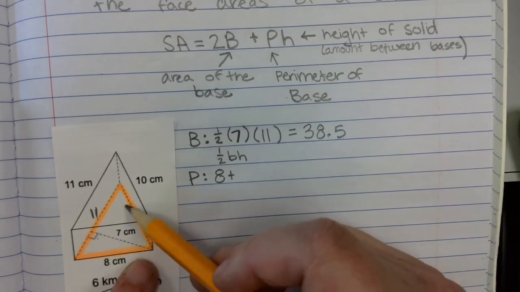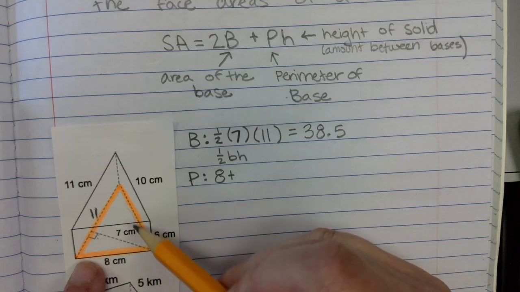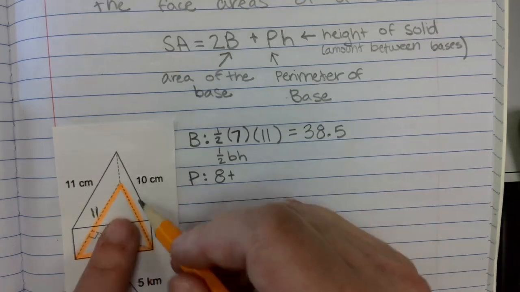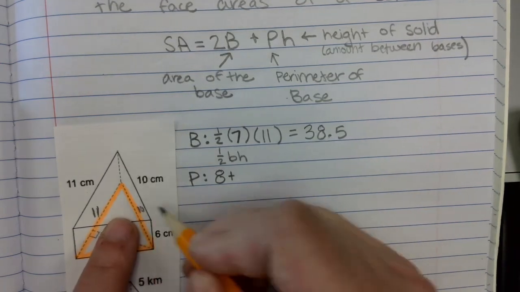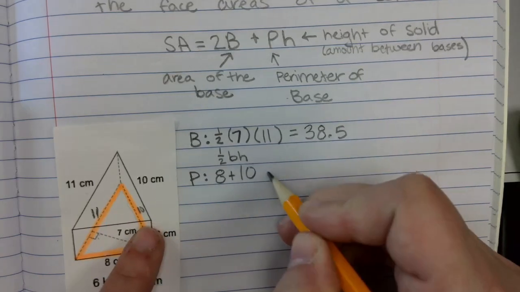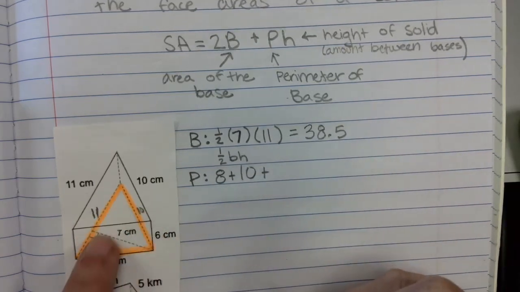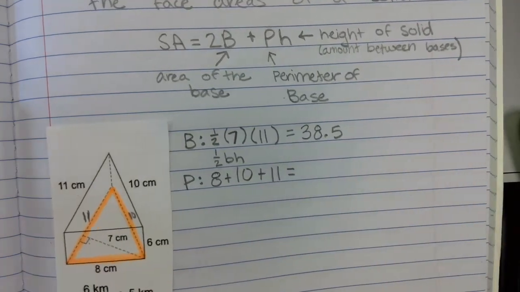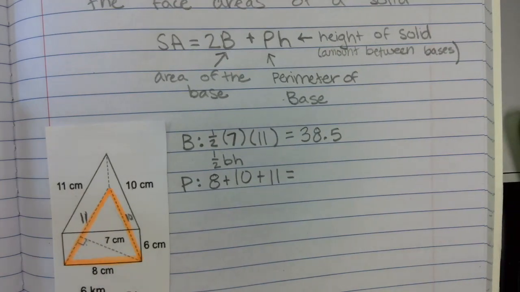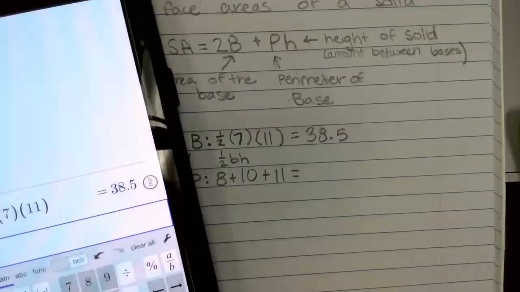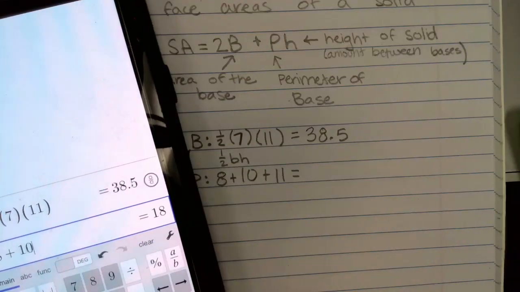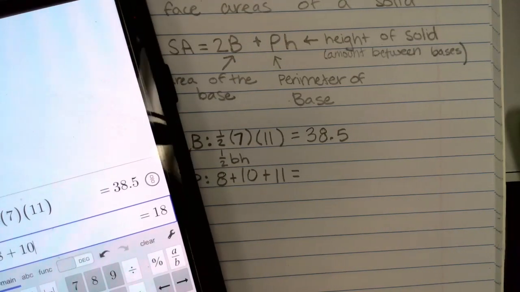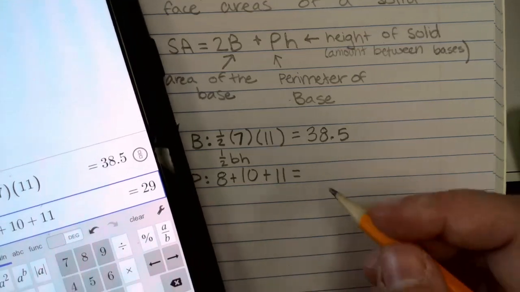Is 6 part of this outside, this part we highlighted? Yeah, 10, because 10 is across from here, so we have this 10. So we're going to do 8 plus 10 plus, what's our other side? 11. Okay, 8 plus 10 plus 11. It's 29.